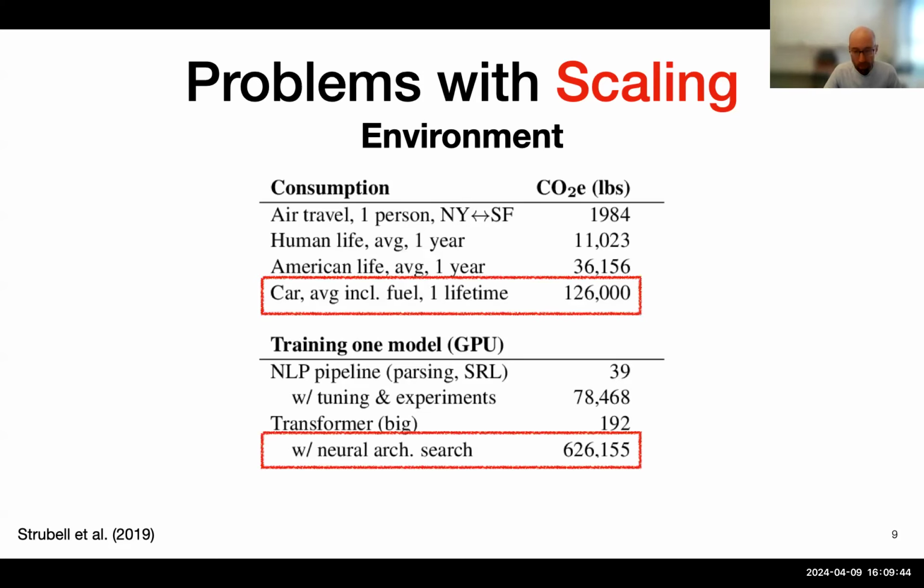For instance, she compared training a transformer with neural architecture search to the lifetime CO2 consumption of an average car, and found that the training operation consumes about as much as 5 cars during their lifetimes. So this was maybe the first result that addressed this question and made a lot of impact. And many others came afterwards.